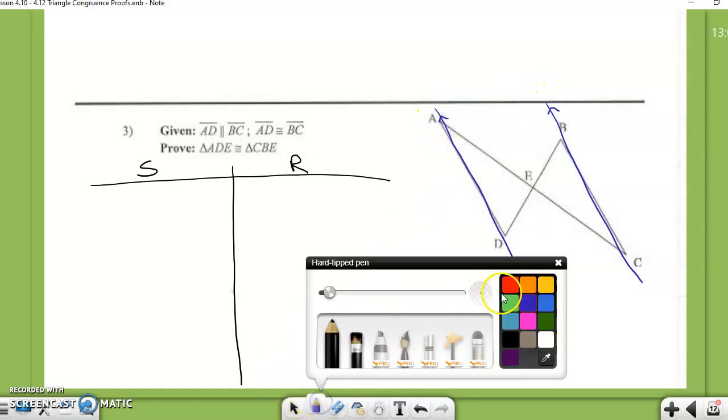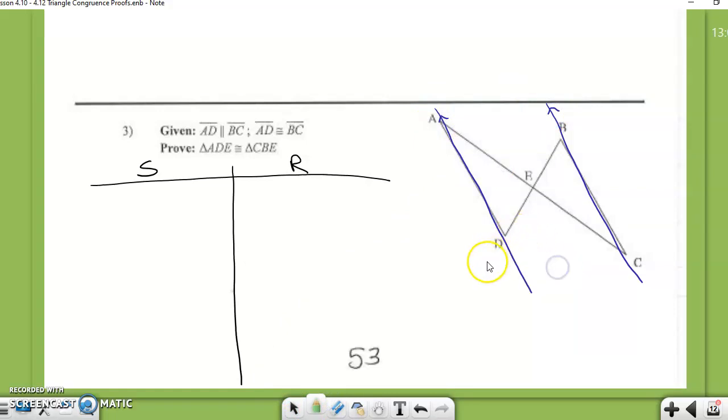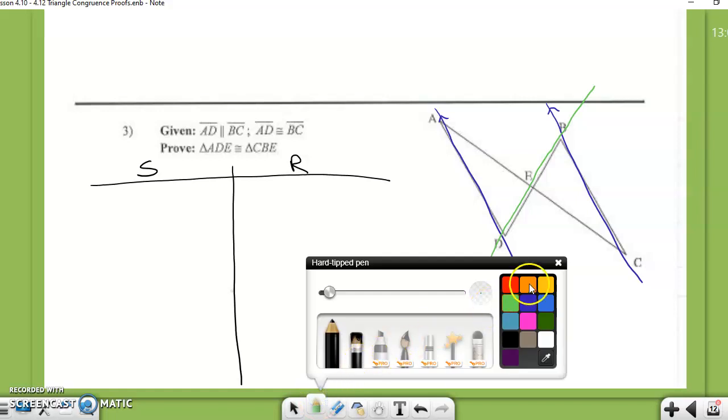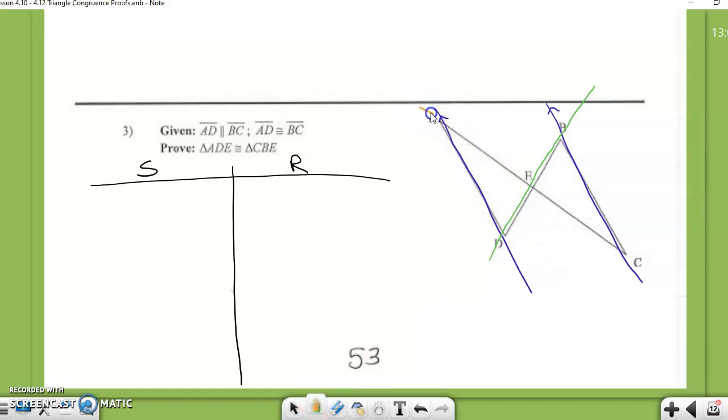Whenever I have parallel lines in a diagram like this, that means I've got parallel lines and transversals. Whenever I've got parallel lines set up in my given information, I'm going to have to use something like alternate interior angles or something along those lines in order to conduct the proof.